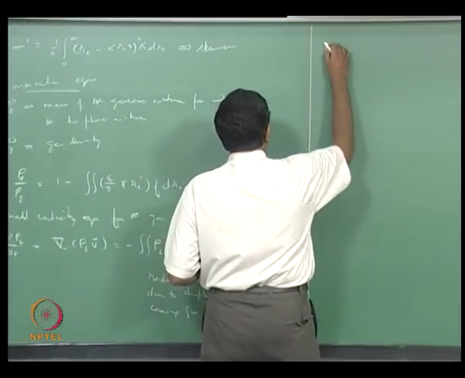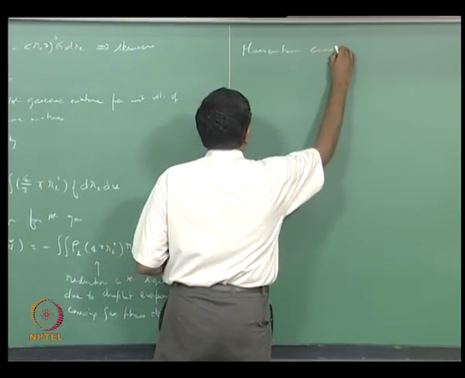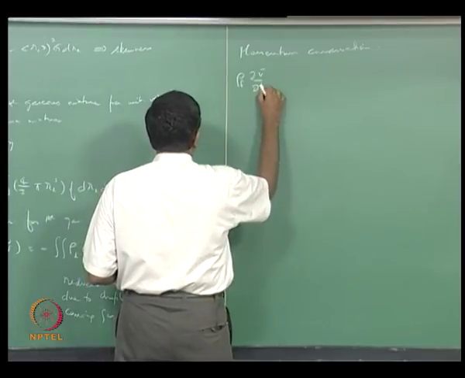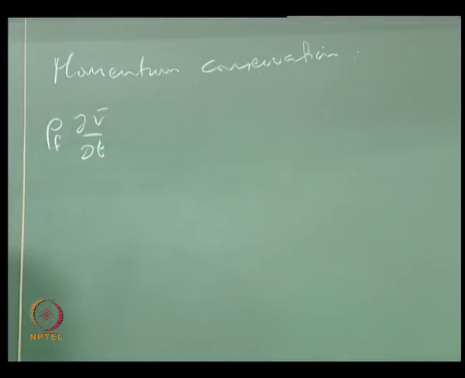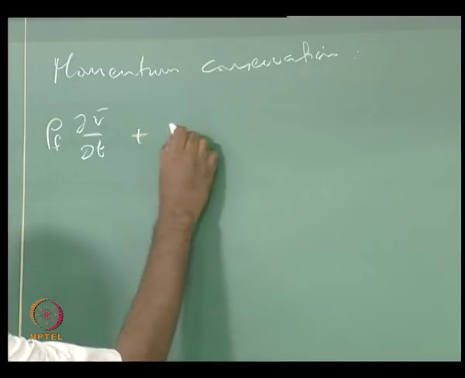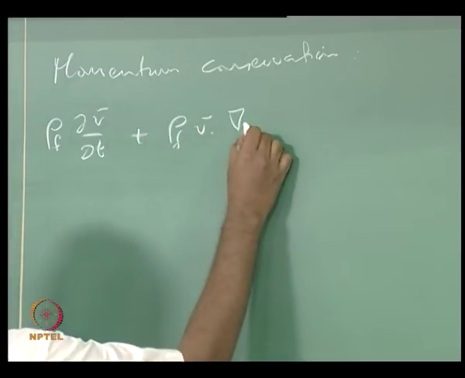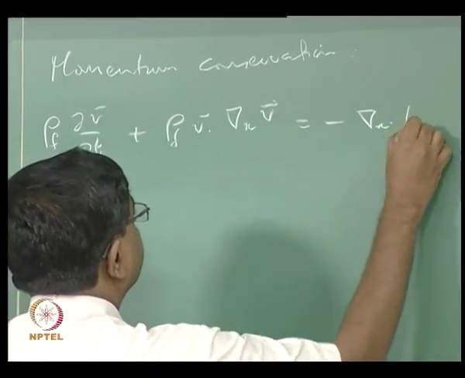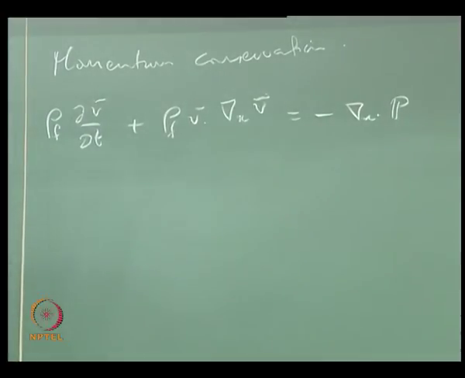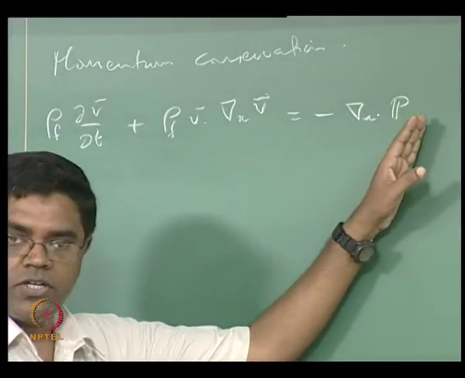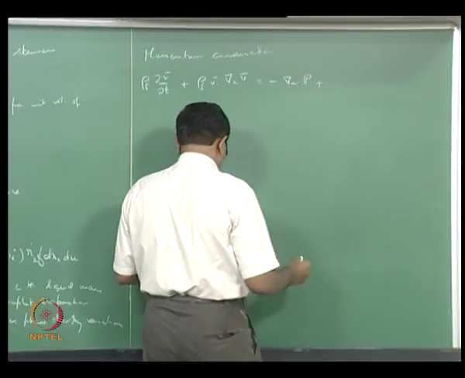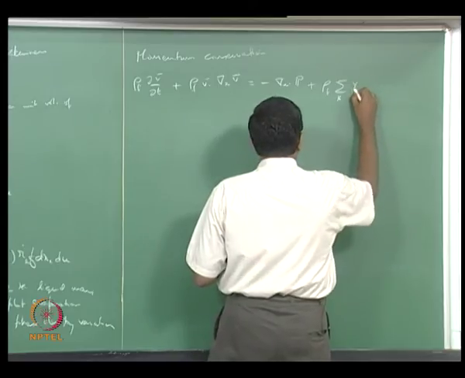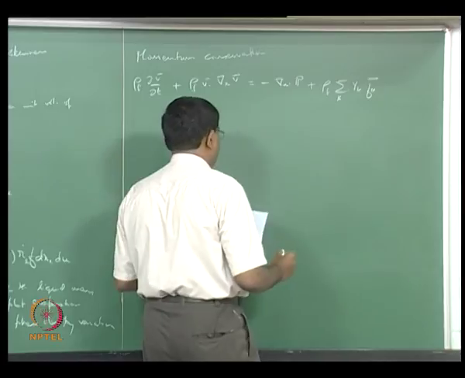So the momentum conservation is rho f times the partial derivative of v vector with respect to time plus rho f v vector dot divergence with respect to x of v, equal to minus divergence with respect to x of the stress tensor including the normal stress, namely the hydrodynamic pressure, right, plus rho f sigma over k for species yk fk, that's the body force.